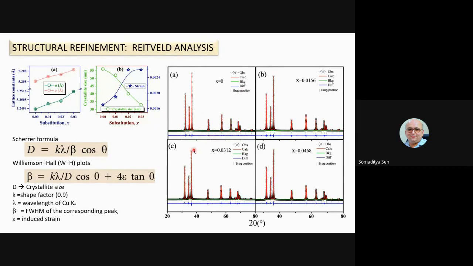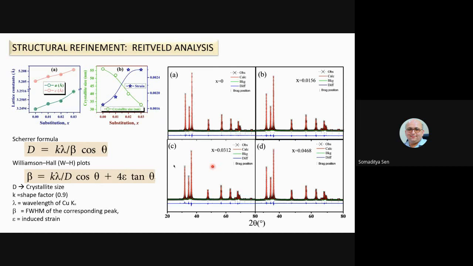This is a very nice fitting. There is a little bit of a problem here and there, but those are sometimes our limitations, because the real crystal and the theoretical crystal will always be different. When we get a good chi-square value, or there are other parameters in Rietveld refinement which I'm not going to talk about here, but which can be looked into, then we get a good fit.